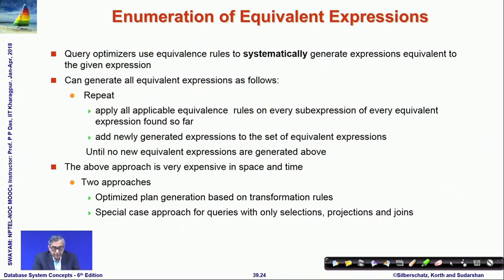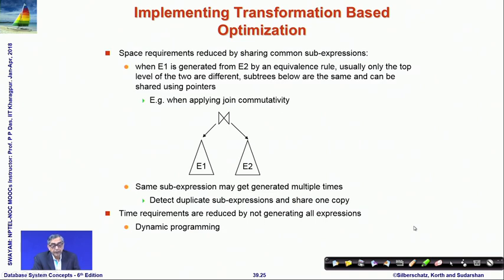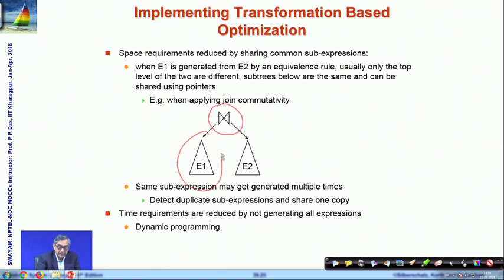So, optimized plan generation is also based on the transformation rules, and we may have different special case approaches to take care of the common optimization plans that we might have. One way to do that is, for example, if we are looking at the join of two relations E1 and E2 here, then if we do certain transformations with this join, that does not change the way E1 and E2 are actually evaluated.